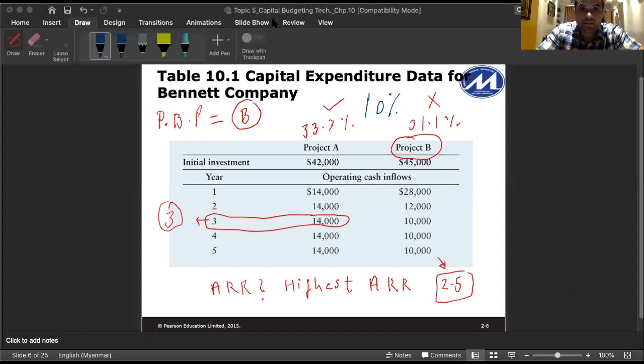So I have the list of the students I can see here, and some students I asked to change their name, but I don't know why they haven't changed it. So make sure you use your full name.